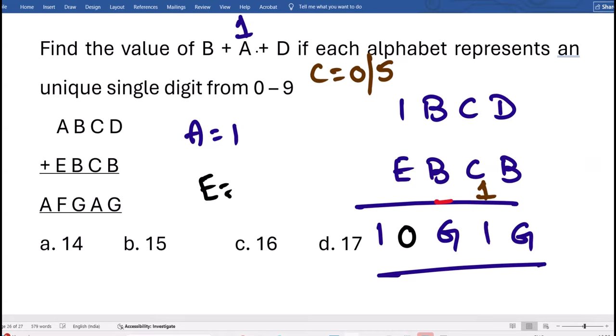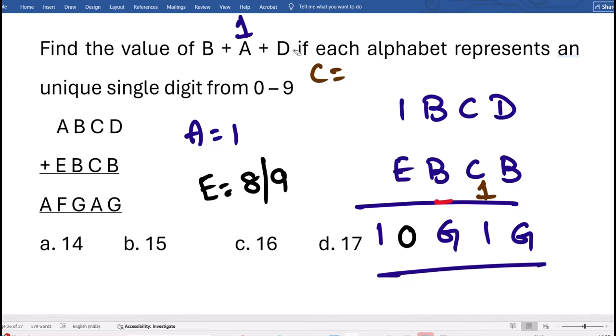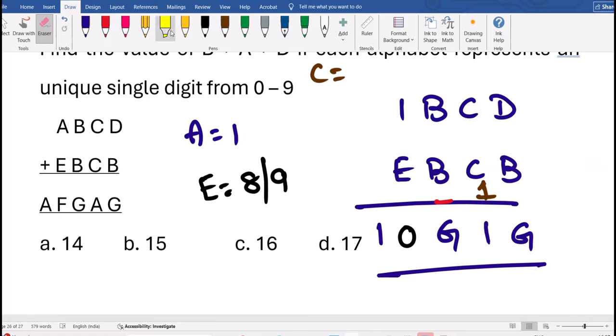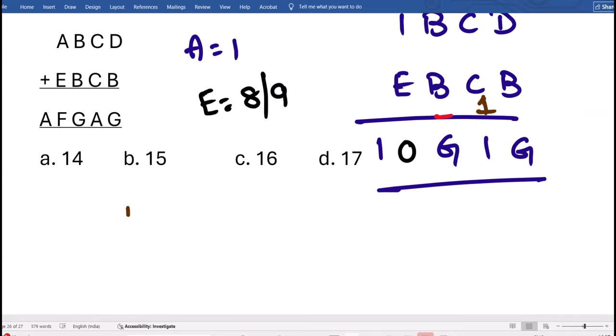E can be 8 or 9. When F is 0, C cannot be 0, C must be 5. 1B, C value 5. E 8 or 9, not yet decided.